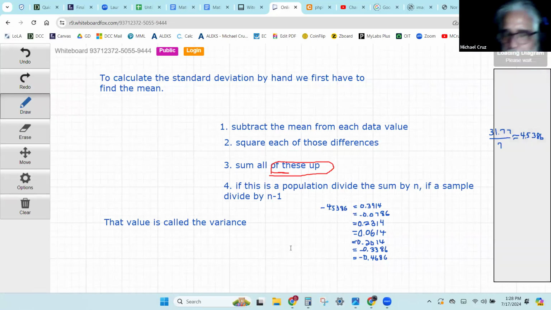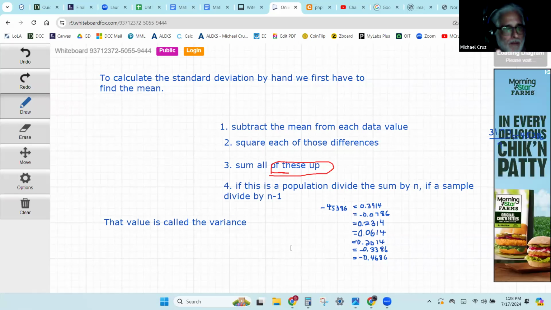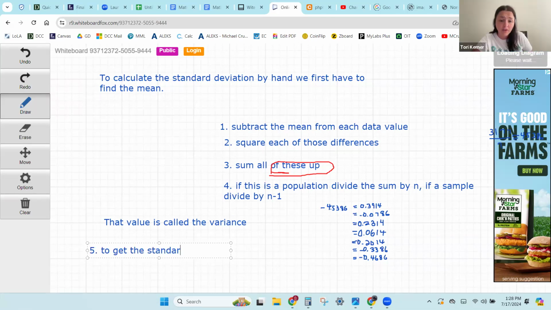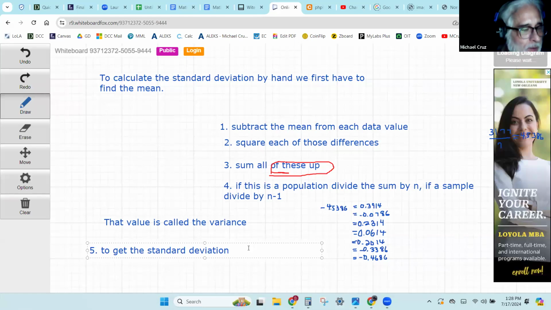If it's a sample, you divide by n minus 1. That's the only difference. To find the standard deviation... You said the sum of all of those is the variance? Yes, the sum of those divided by the n or the n minus 1.